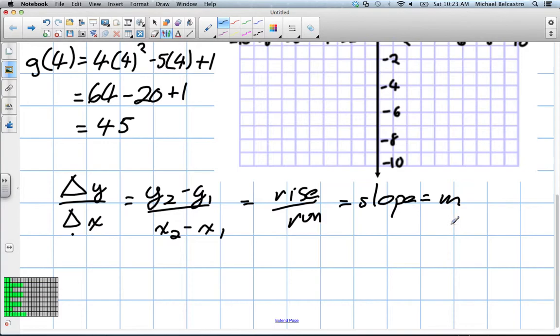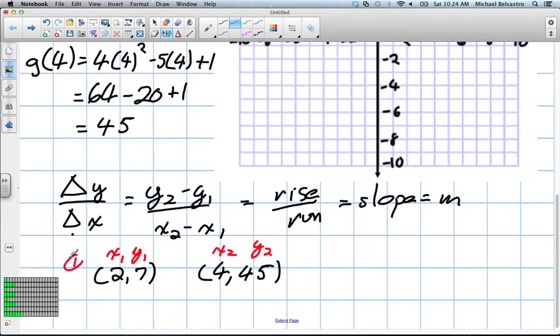So many of these things are actually equal, okay? Since we have our two coordinates, and we can decide which coordinate to call which, we had one at 2 and 7, and the other one at 4 and 45, correct? I'm going to call this my x1 and my y1, and this will be my x2 and my y2, okay? Either way, we'd end up with the same slope, whether I called this coordinate 1 and this coordinate 2, or vice versa, okay?